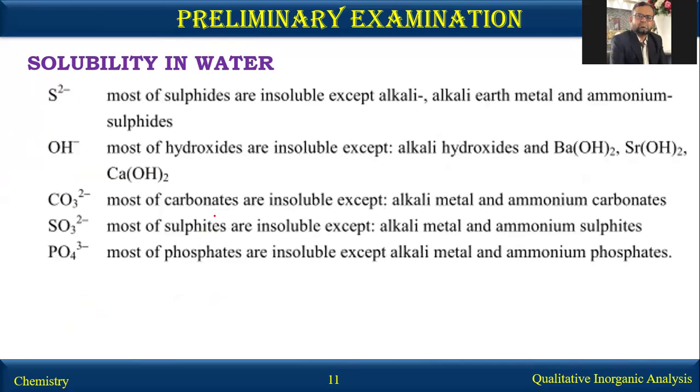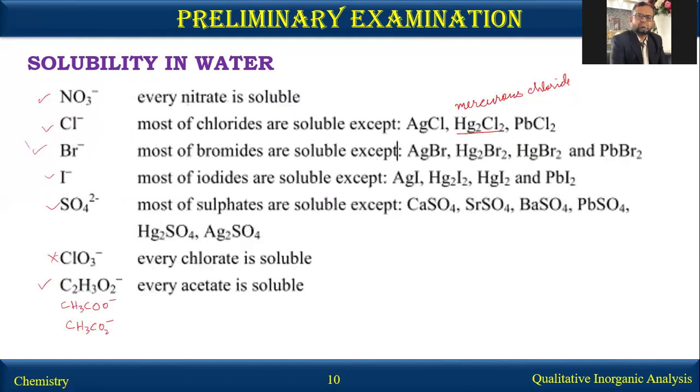Now sulfide. Most of the sulfides are insoluble. So if your compound is water insoluble, then you can think about the negative ion as sulfide, or in the previous slide, you can consider these insoluble salts, for example, silver chloride, silver bromide, lead chloride, lead bromide.